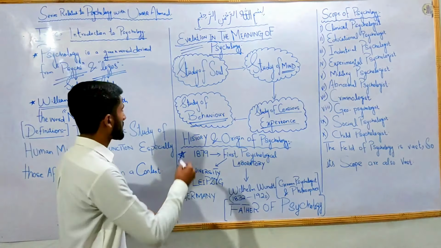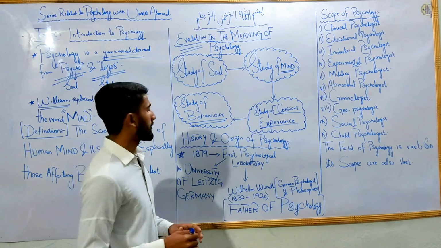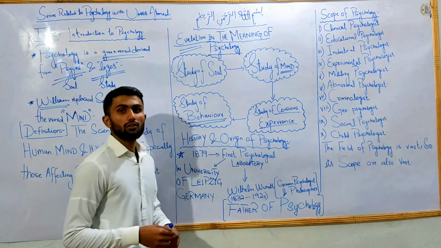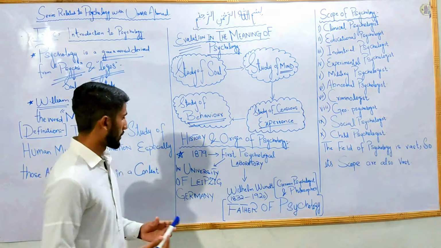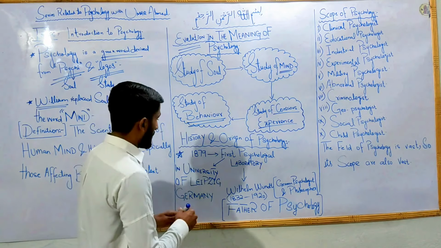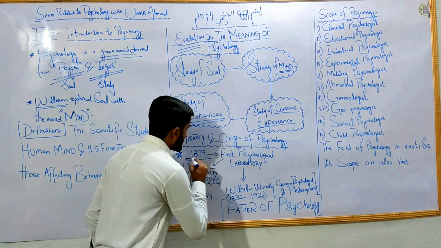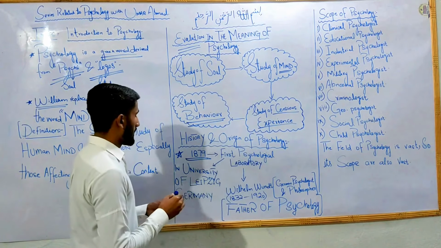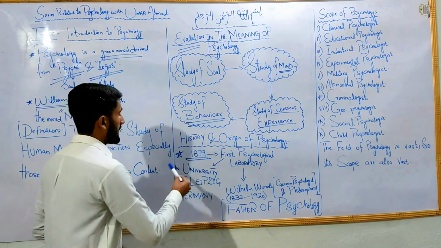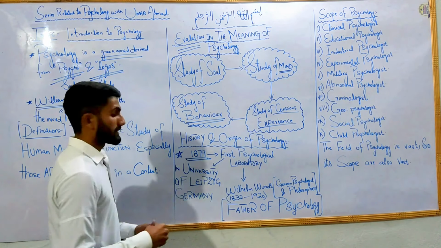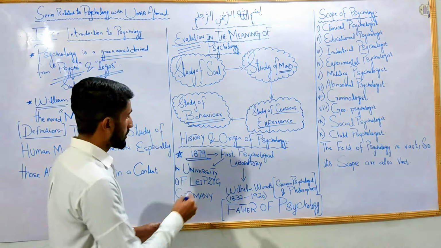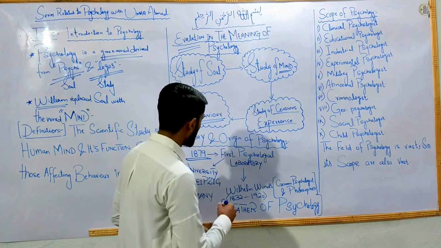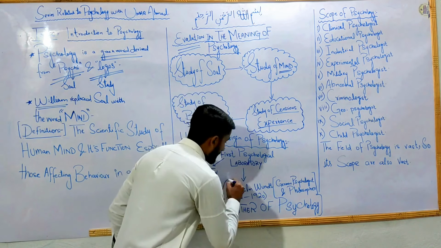So our third topic is history and origin of psychology. It means from where psychology has come. First of all, in 1879, the first psychological laboratory was formed at the University of Leipzig in Germany. So who formed this laboratory?